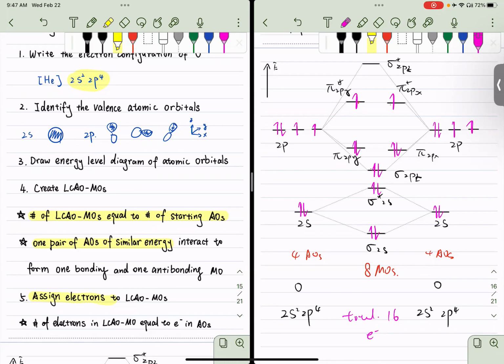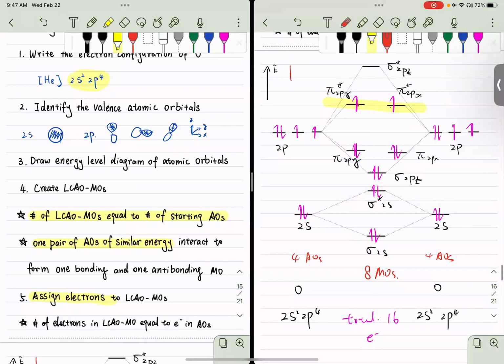In oxygen, remember when we talked about the failure of classical bonding theory, oxygen gas is paramagnetic. Using MO theory, we can happily explain the paramagnetism of oxygen gas. We can also calculate the bond order.